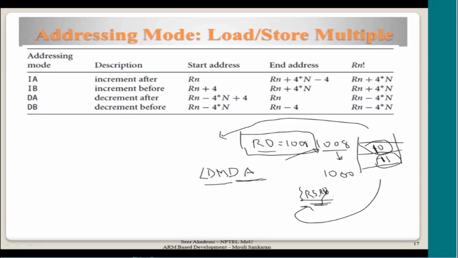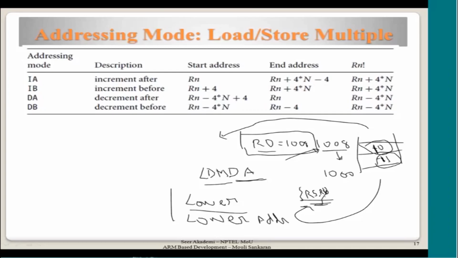Let me ask you one question. Which value will go into which register? I told you the registers are accessed from lower numbers, and the addresses are also accessed from the lower address. I'll ask you why it is, but for a moment assume that the address is also taken lower first, and then registers are also copied in the order of lower register numbers. So in this case, which is the lower address? 1000.